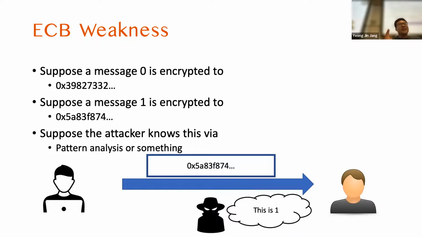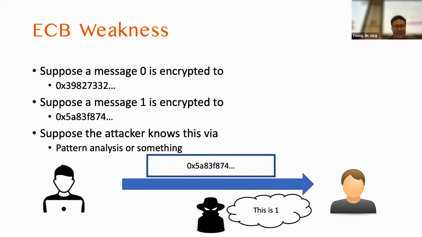In the lecture next week, I will introduce how we can avoid this kind of attack by using modes other than ECB, because we don't use ECB in reality. But I want to introduce this as some history, and to let you know about what the insecure things are.